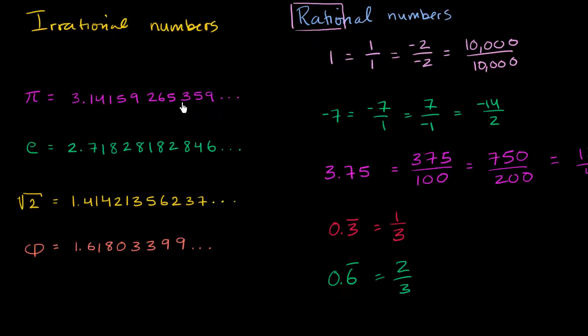It goes on forever, and it never repeats. E, same thing, never terminates, never repeats. It comes out of continuously compounding interest. It comes out of complex analysis. E shows up all over the place. Square root of 2, irrational number. Phi, the golden ratio, irrational number. So these things that really just pop out of nature, many of these numbers are irrational.